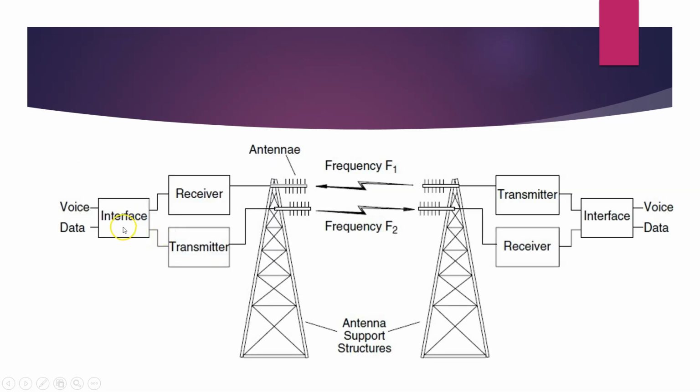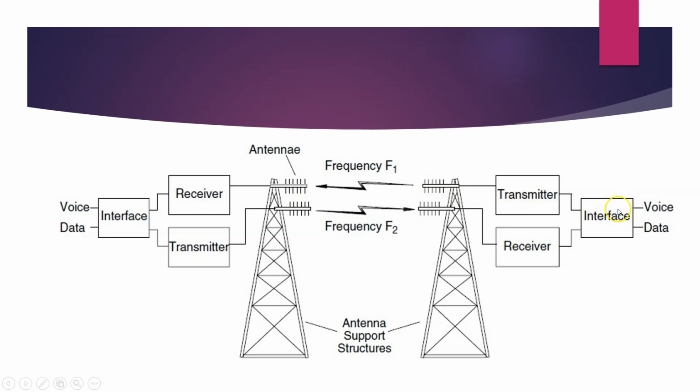Here you can see at the sender side, the voice is interfaced and it will be transmitted. The data will be transmitted via the antenna, and it will be received, and then the data will be decoded.